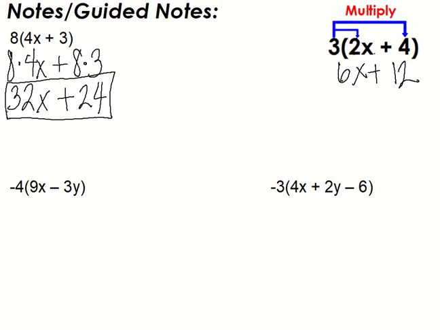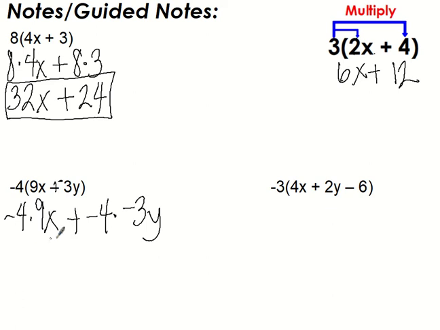Okay. So with plus sign, it's really easy. You just stick the plus sign back in. With minus sign, it can get a little tricky. So we're going to add the opposite first so that we can apply that negative. So we don't lose that negative. So now what we have is negative 4 times 9x plus negative 4 times negative 3y.